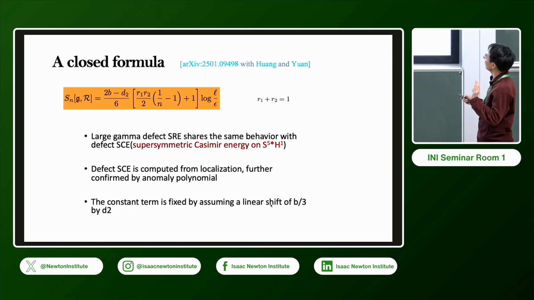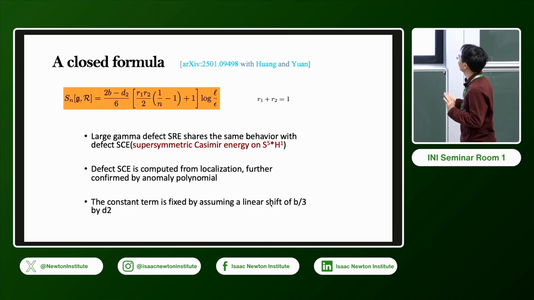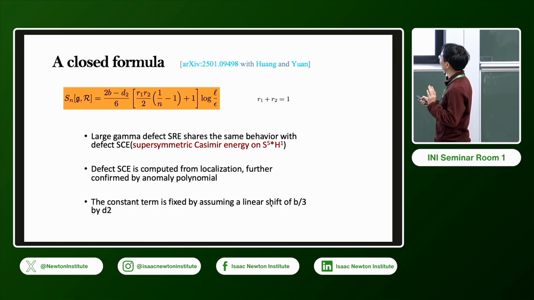And the previous Rényi index is somehow related to the squashing parameter of the squashed S^5 sphere. So if you know how to calculate this supersymmetric Casimir energy on this manifold, you take the squashing parameter to the extreme, say the squashing goes to 0.